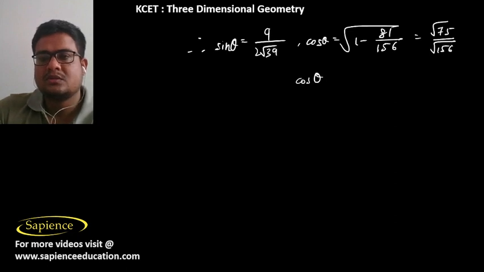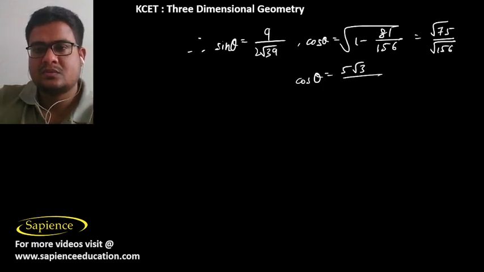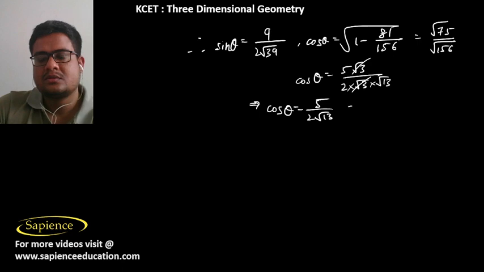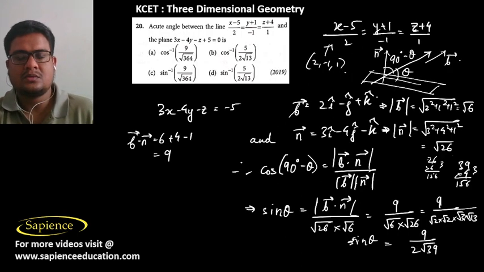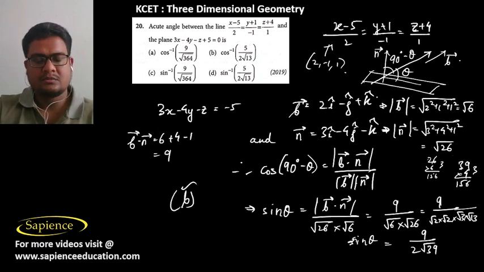So cos theta is equal to, 25 times 3 is 75, root 75 is 5 root 3, over 2 into root 3 into root 13. So root 3 will cancel. Therefore cos theta is coming 5 by 2 root 13. So theta is equal to cos inverse of 5 by 2 root 13. So option B is the correct answer.